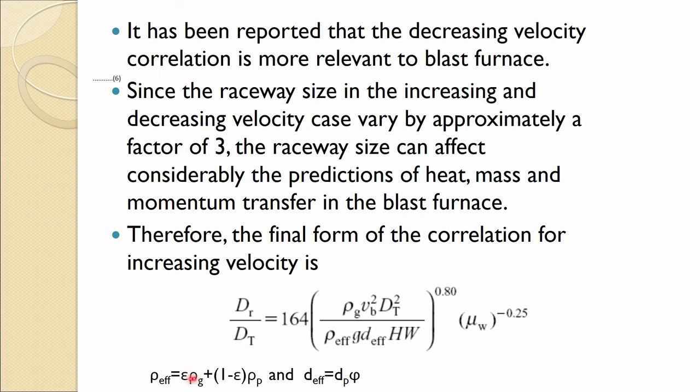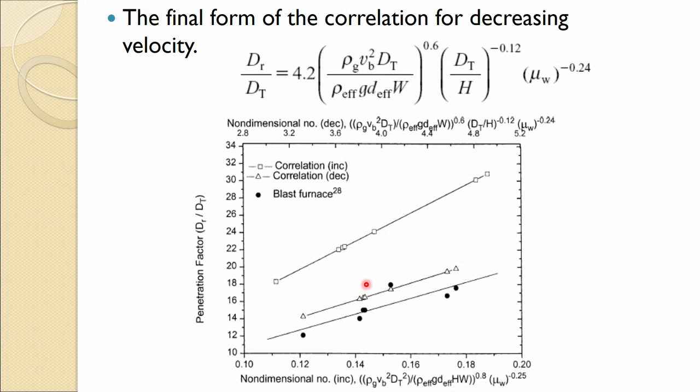Same parameter rho effective is defined in this form: void fraction, gas density and particle density, and d effective is particle diameter and shape factor. For the decreasing condition it is defined in this form, which you can see is more or less linear, with 0.6 only, and that is with your Froude number.